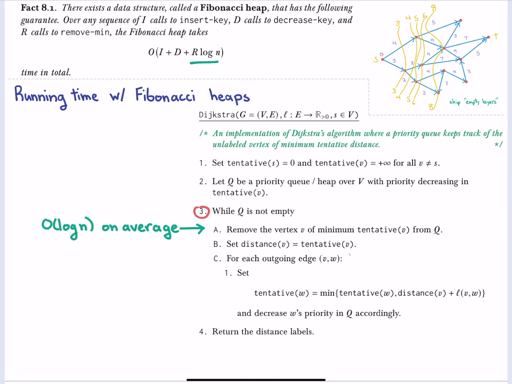And then I set the distance, and the only other time I use the queue is down here when I decrease key. And this one takes constant time. This should have been on average. So n outer iterations, and again, I look at each edge once.